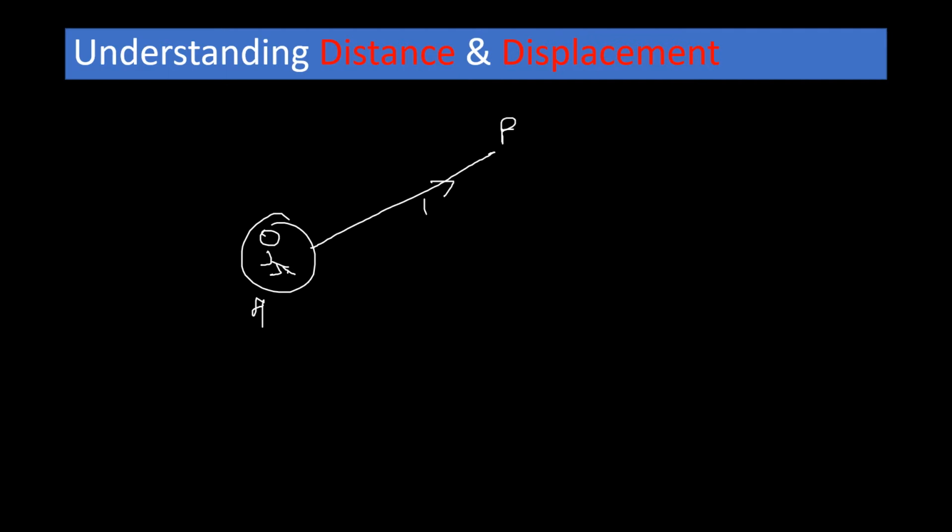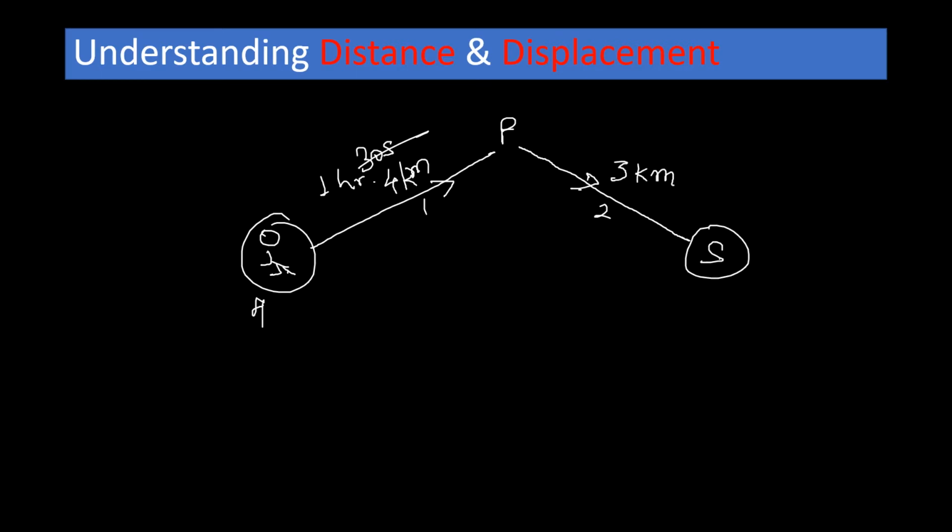And the boy covered 4 kilometers in, let's say, 1 hour. It will be better if we take it in terms of hours. Again, the boy covered path 2 to reach the school and this distance was 3 kilometers, right? And this was covered in, let's say, another 1 hour.